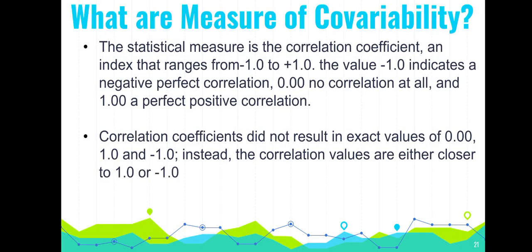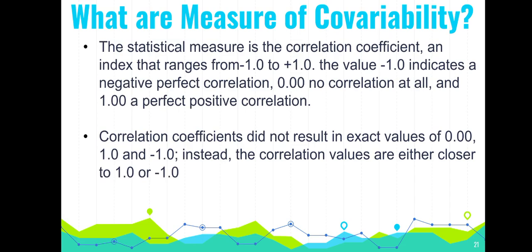The statistical measure is the correlation coefficient, and the index ranges from negative 1.0 to positive 1.0. The value of negative 1.0 indicates a perfect negative correlation, 0.00 means no correlation at all, and 1.0 means perfect positive correlation.